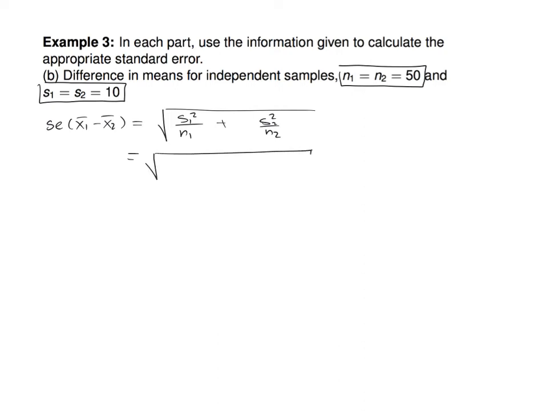So that's 10 squared over 50 plus 10 squared over 50. So 100 over 50 plus 100 over 50, both of which are 2. 2 plus 2 is 4, so root 4 is 2.